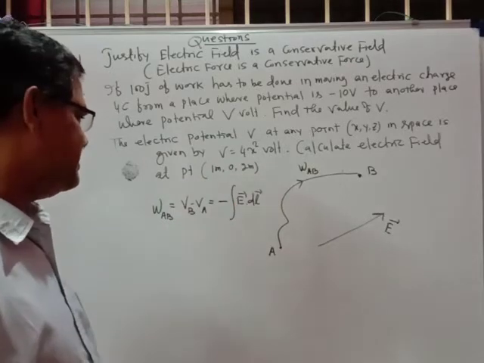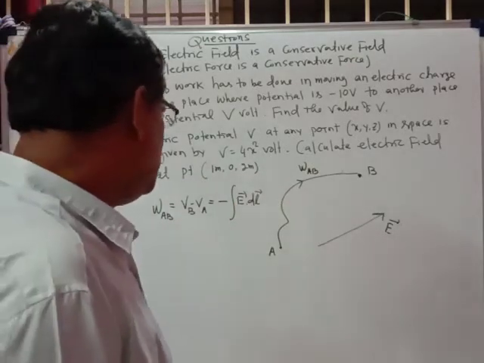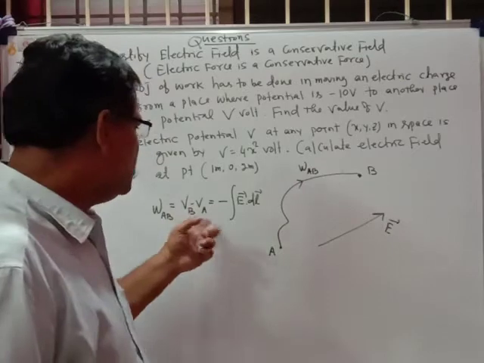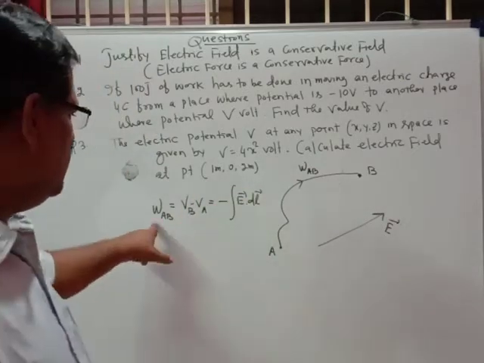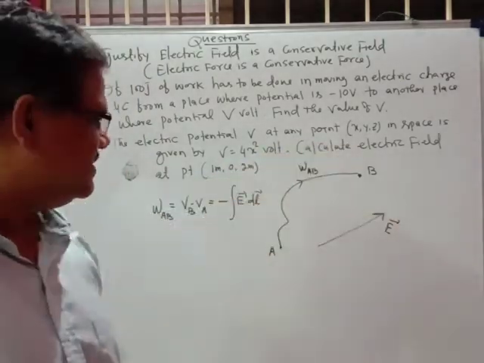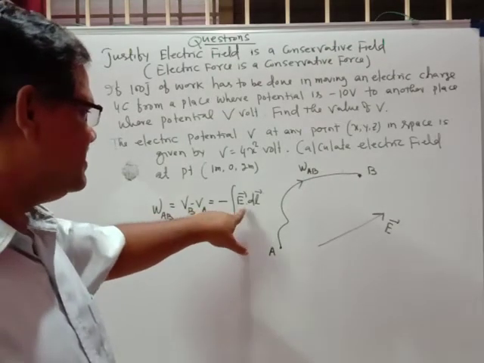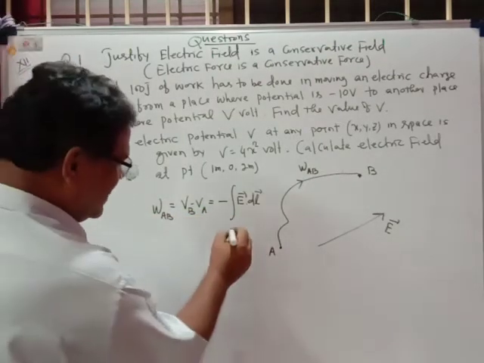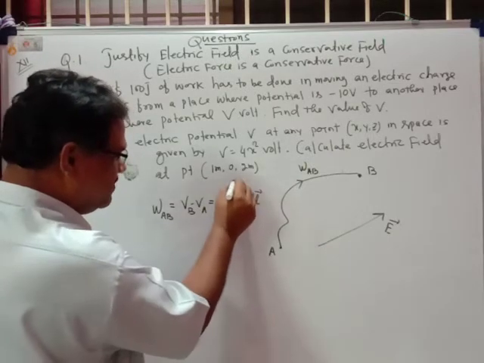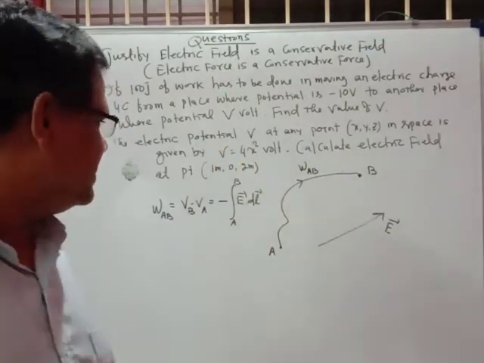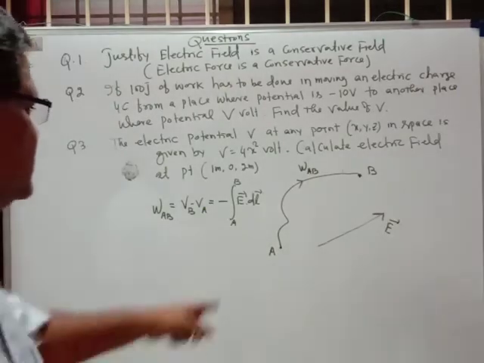This is the work done in taking a test charge. If you bring a charge Q naught, then Q naught will be multiplied there. Otherwise, if a unit positive test charge is brought from A to B, that is VB minus VA, equal to minus the integral of E dot dl, and here the limits are from A to B. You know it, you keep practicing. This is the work done from A to B.